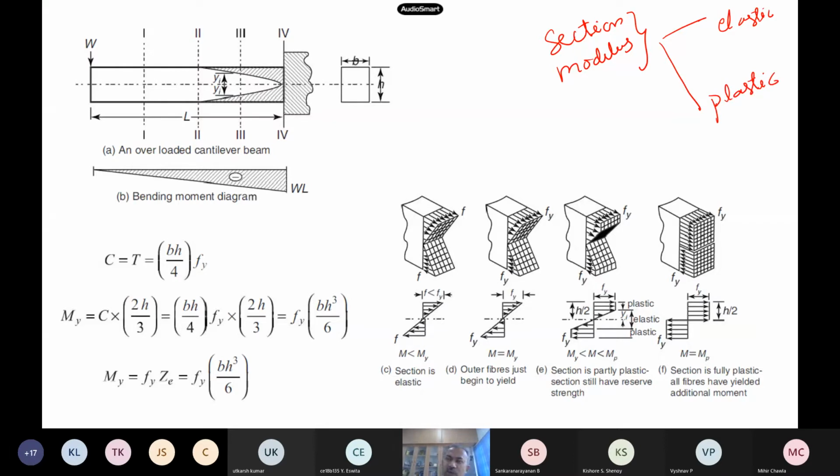So this becomes very important for us. Another thing is the shape factor, which is the ratio ZP by ZE. One has to have an idea of this before going into the design process.